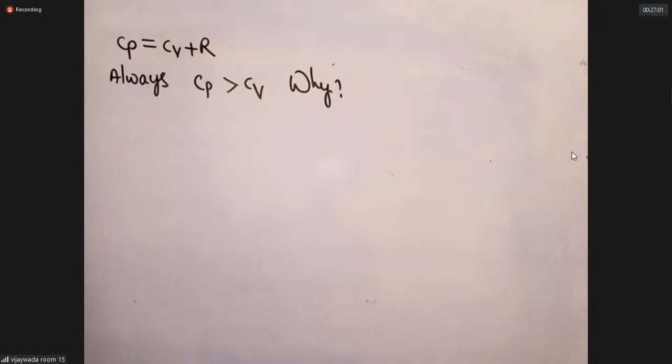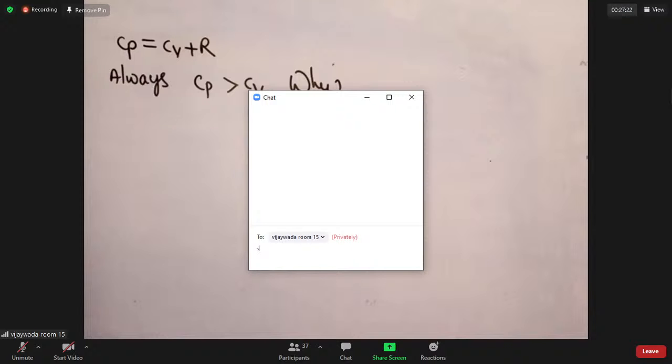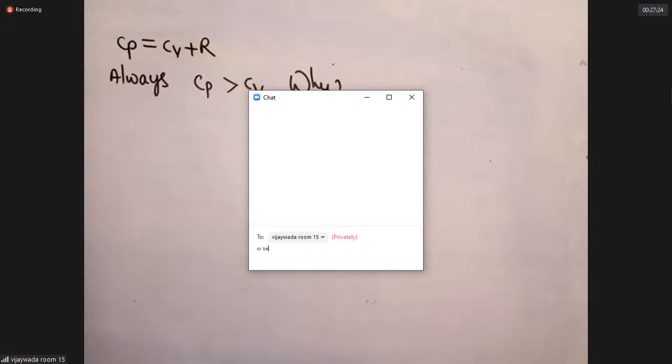Vikrant, okay. Right. Okay, students. Why is Cp always greater than Cv?